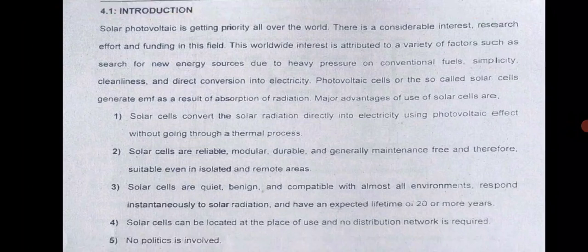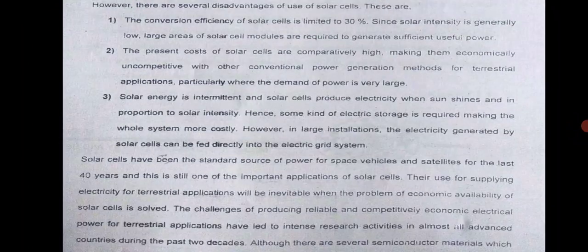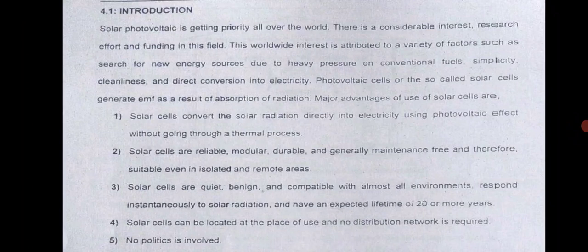What is meant by solar photovoltaics? A solar photovoltaic cell, which is called a solar cell, generates EMF as the result of absorption of radiation. So solar cells have some advantages and disadvantages.